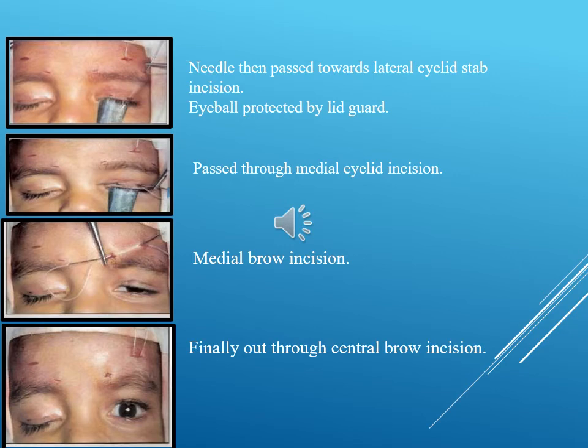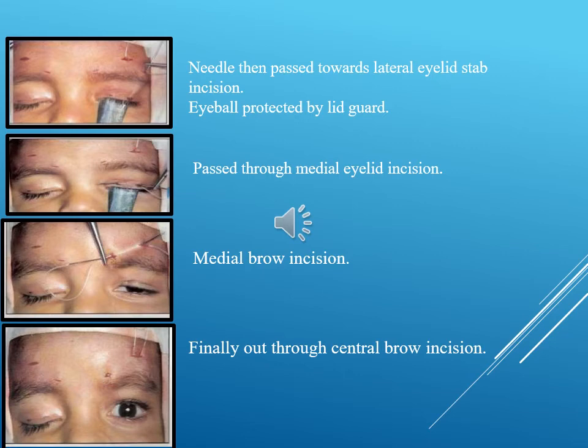And when the needle is passed through the eyelid incisions, the eyeball is protected with the help of a lid guard. The needle is then passed from the lateral eyelid incision to the middle eyelid incision. Following this, it is then passed through the middle brow incision. And finally, the needle is passed from the middle brow incision to the central brow incision.